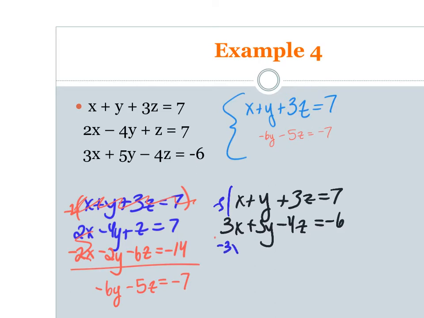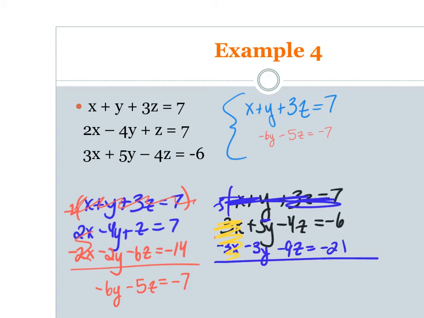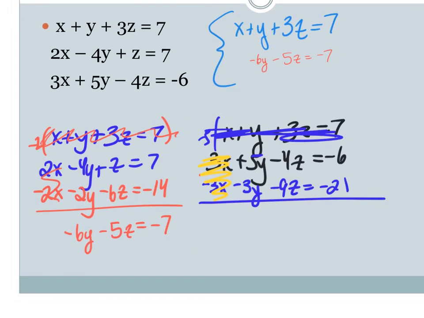So negative 3x minus 3y minus 9z equals negative 21. So my x's cancel out. What's 5 minus 3? So you have positive 2y minus 13z equals negative 27.